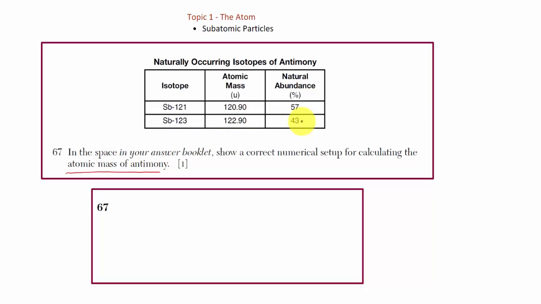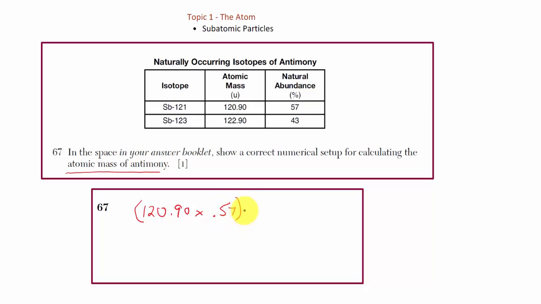So the way we calculate this is we're going to be multiplying the individual atomic masses by the percentages of their natural abundance, and then we're going to add those values together to get our actual average. So we set up the computation. For the antimony 121, it's going to be the 120.90 times the decimal equivalent of the percentage, which is 57%, which changes to 0.57.